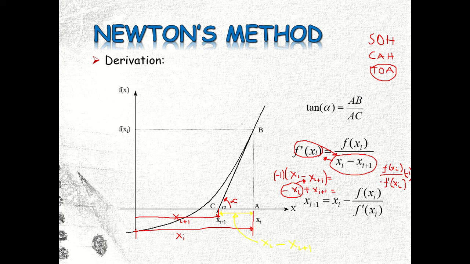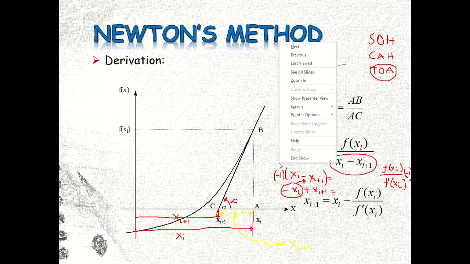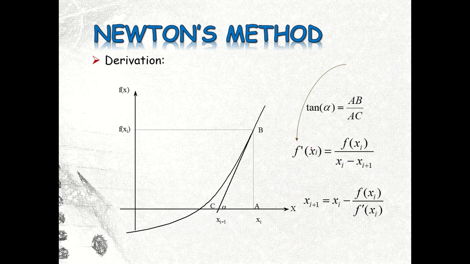That's why it becomes negative. Okay, so that's the derivation. And take note that this f prime of x sub i is just the slope, class.